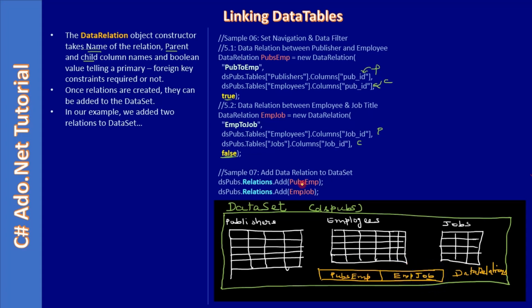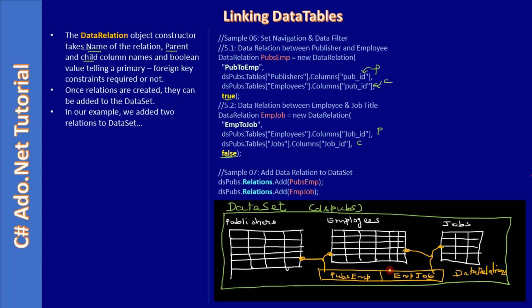So pubsemp knows what two columns to link. One is publisher and another one is employee. So it links both of these tables, and this one links employees and jobs. So the specific column is specified here in the relation itself.